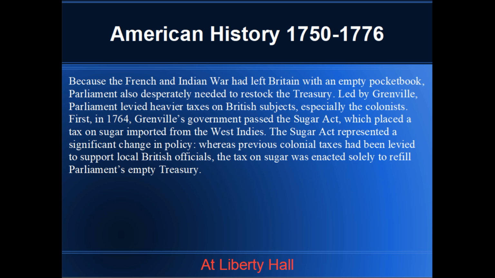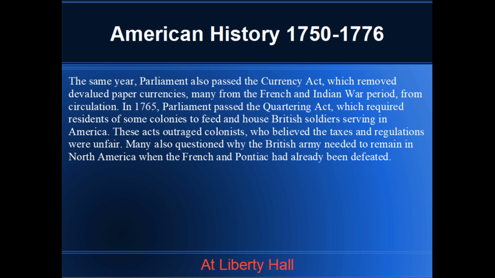The Sugar Act represented a significant change in policy. Whereas previous colonial taxes had been levied to support local British officials, the tax on sugar was enacted solely to refill Parliament's empty treasury. The same year, Parliament also passed the Currency Act, which removed devalued paper currencies, many from the French and Indian War period, from circulation.